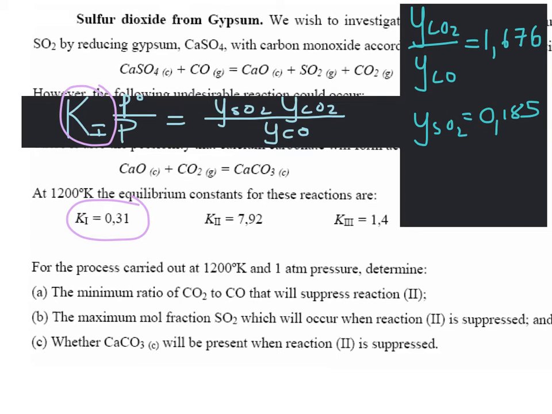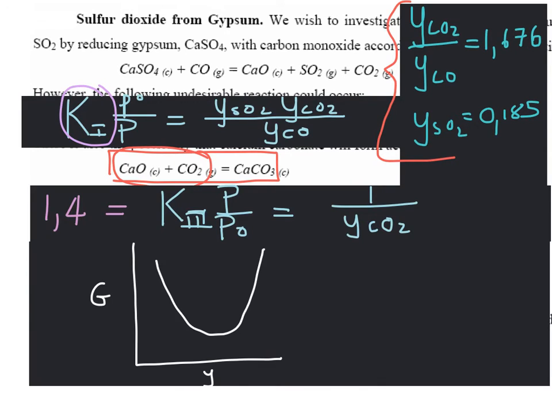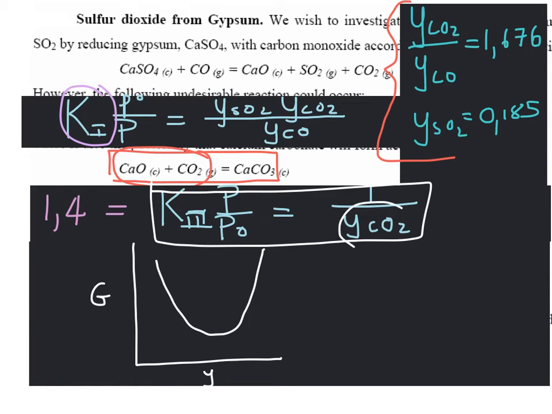The last question wants us to check whether this third reaction, where calcium carbonate is formed from some of our reaction products, will actually take place under the equilibrium conditions with the equilibrium mixture composition as experienced in the reactor. If this reaction is at equilibrium, it implies that 1 over the mole fraction of carbon dioxide must be equal to this pressure equilibrium relationship.